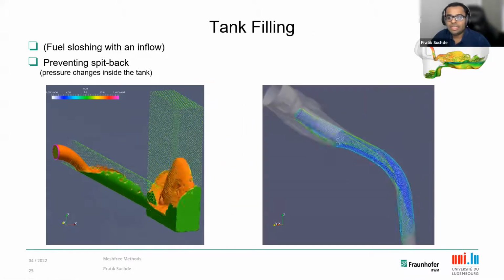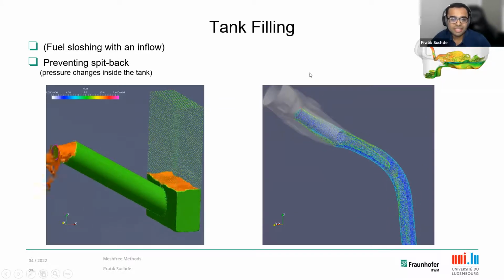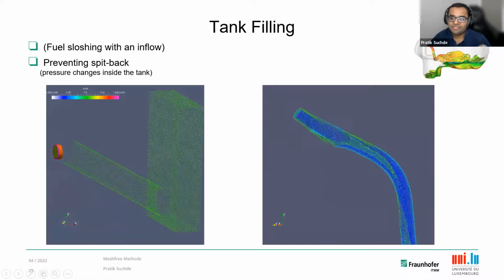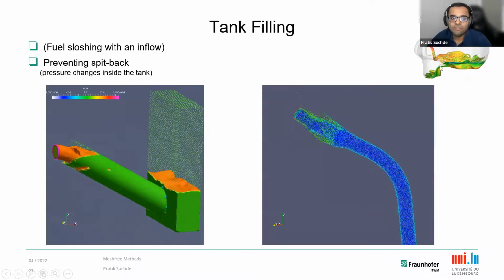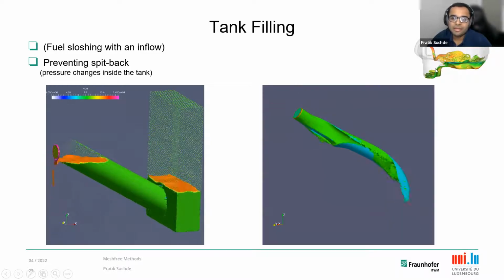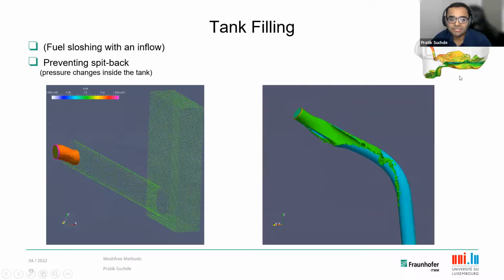Now, related to sloshing, the second application is on tank filling. This is what you see on the figure on the top right, where you're actually filling fuel into your fuel tank. Why do you need this simulation? You want to try to measure things like spitback, which is when fuel is coming back before the entire tank is filled.